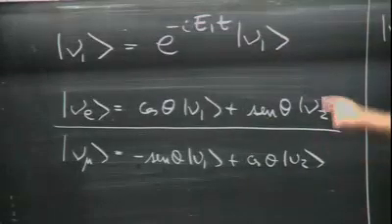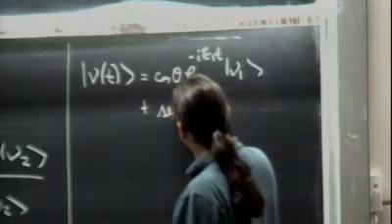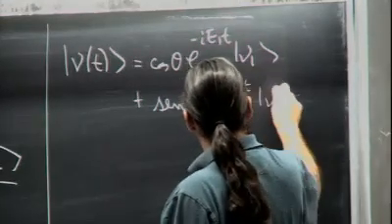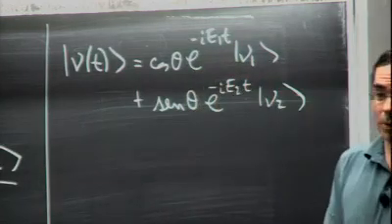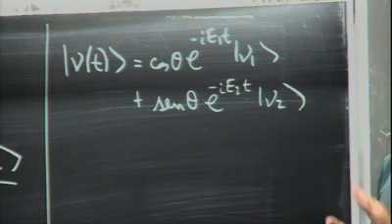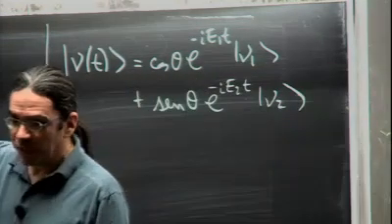So as a function of time, it just picks up a phase for the nu 1 component, and a different phase for the nu 2 component. Okay? And that's what this phenomenon is all about, is the fact that you started out with an electron neutrino.